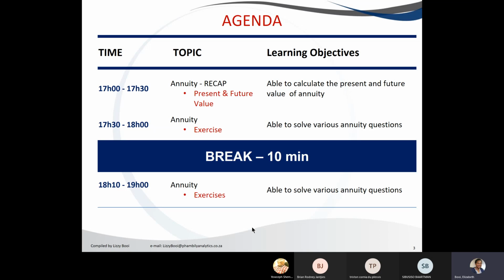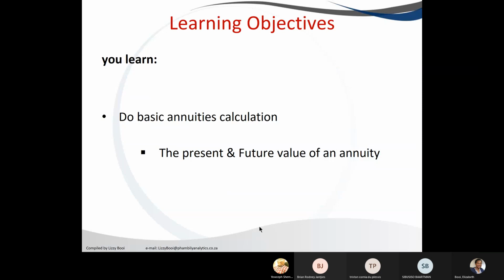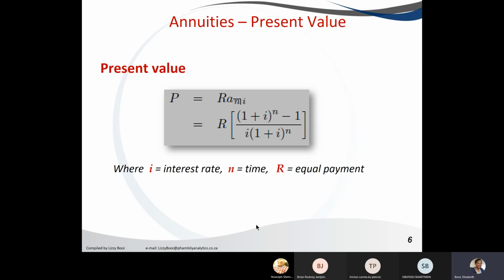I'm going to first do a recap of the future value of an annuity, and then move on to the present value of an annuity. So that's what we're going to do in the next 30 minutes.